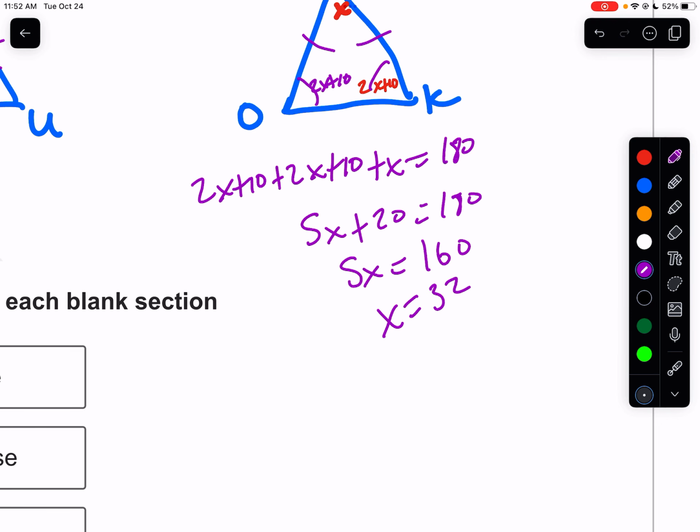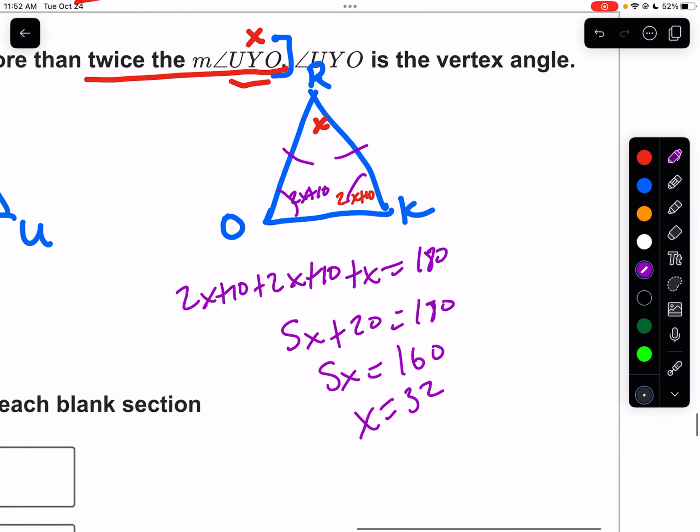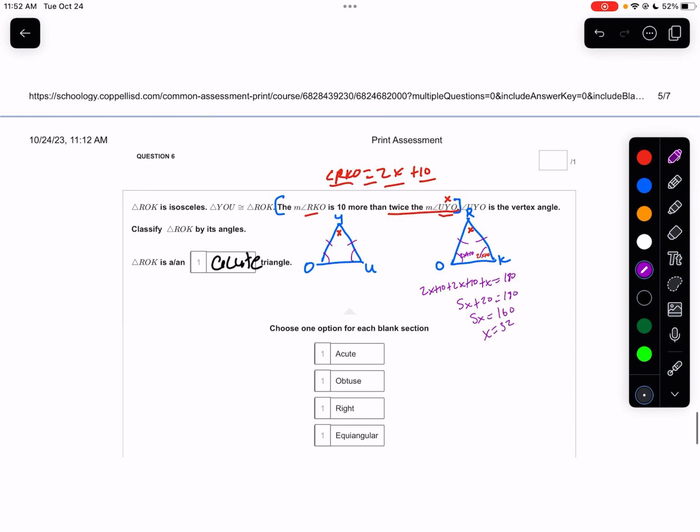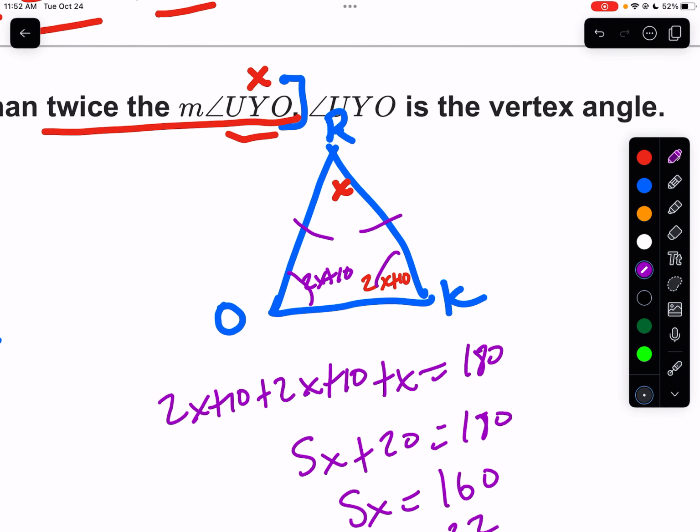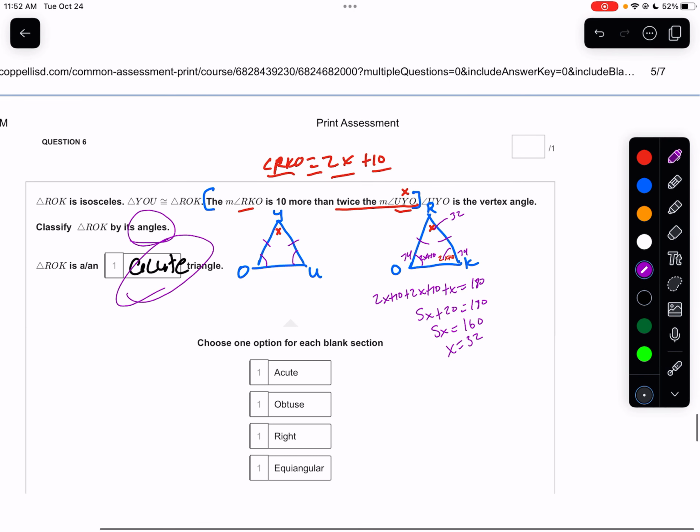Type it in just in case I mess something up. Got it. All right, well, if x is 32, it says classify it by its angles. Let's go back and plug it in. This would be 32. This would be 64 plus 10 would be 74 and 74. Well, all of those angles are acute, making it an acute triangle.